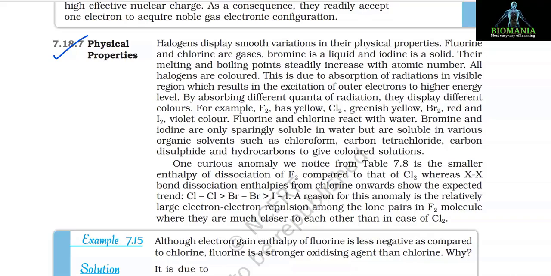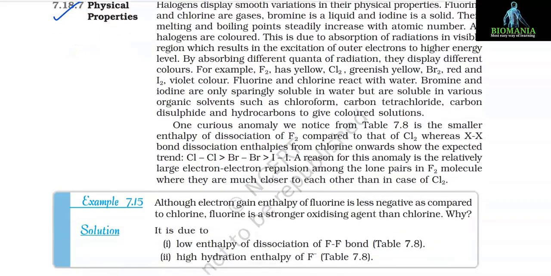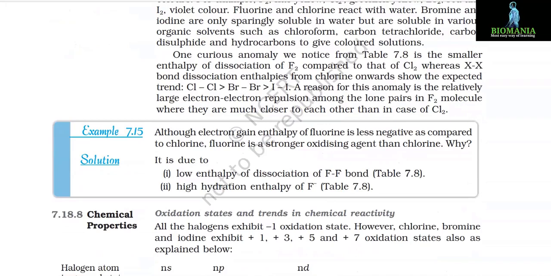One curious anomaly we notice from Table 7.8 is the smaller enthalpy of dissociation of F2 compared to that of Cl2, whereas X-X bond dissociation enthalpies from chlorine onward show the expected trend, that is Cl-Cl is greater than Br-Br is greater than I-I. A reason for this anomaly is the relatively large electron-electron repulsion among the lone pairs in the F2 molecule, where they are much closer to each other than in the case of Cl2.